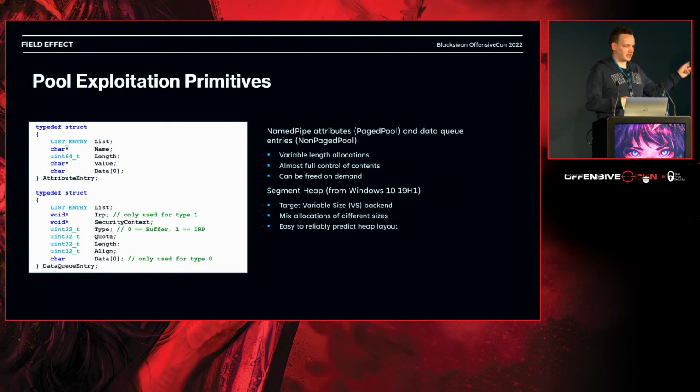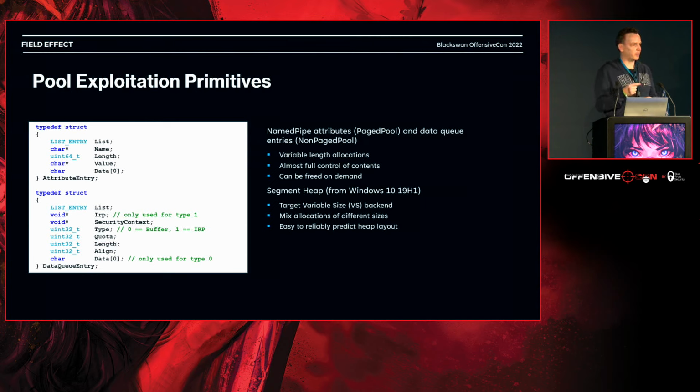You can see the headers of the structures on the side here. They both have a small header, followed by inline data immediately afterwards. There's really not much limit on the length you can put in. So we have big, variable size allocations, we can choose which size we're going to allocate, besides the headers we have full control over the data, and in both cases we can free them on demand when we want to.